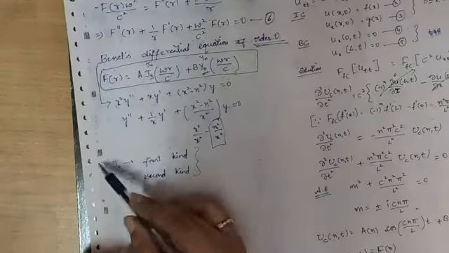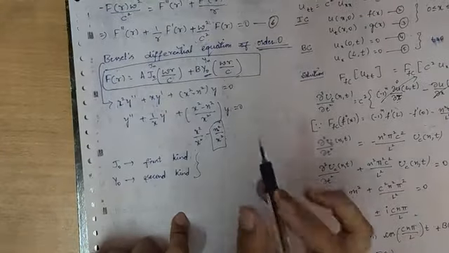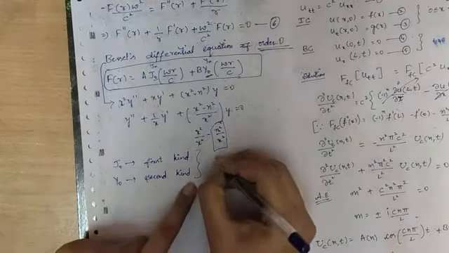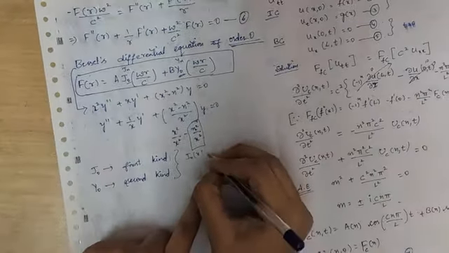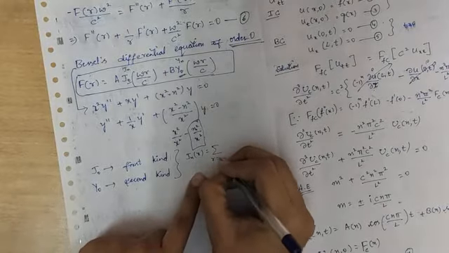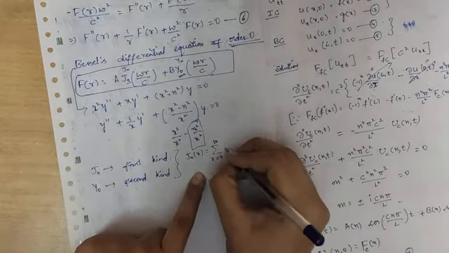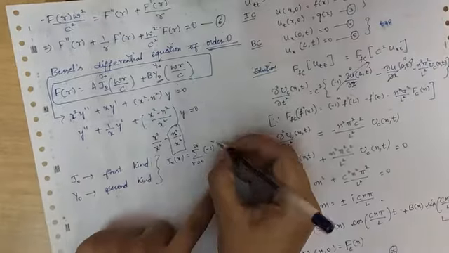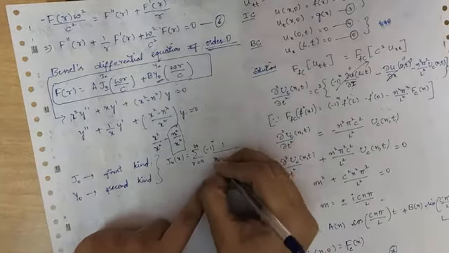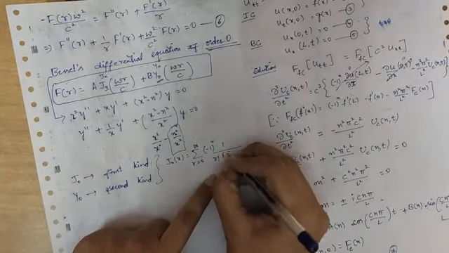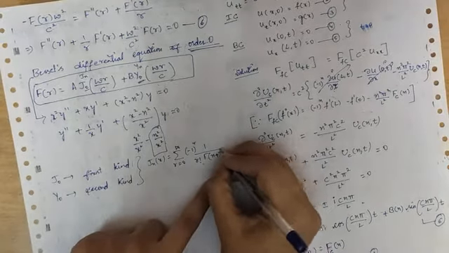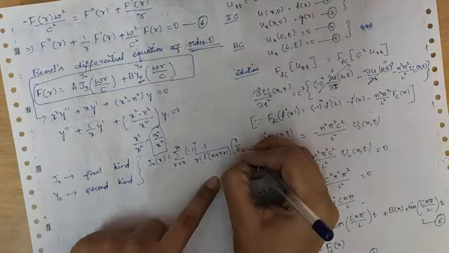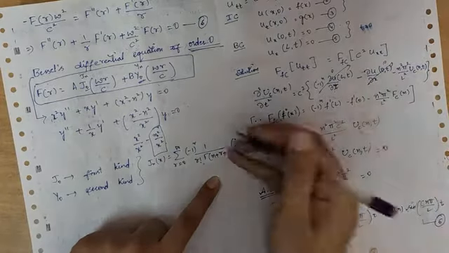In the case of first kind, you will get the solution as J n of x, in general I am writing, equal to summation r is equal to 0 to infinity, minus 1 power r, 1 over r factorial into gamma of n plus r plus 1 into x by 2 power 2r plus n.